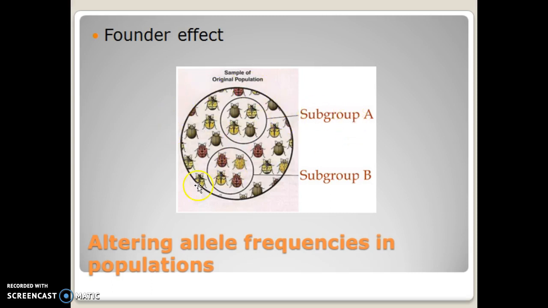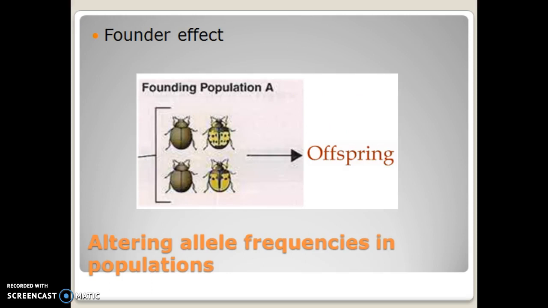Subgroup A in this bigger population, for whatever reason, decides to move out of the population and go somewhere else. Maybe the government of beetles here is not going in their favor, so they decide they're going to move over here and start up their own country. So they do. They leave, and they're now in an entirely different setting, in their own isolated habitat, well away from that initial population.